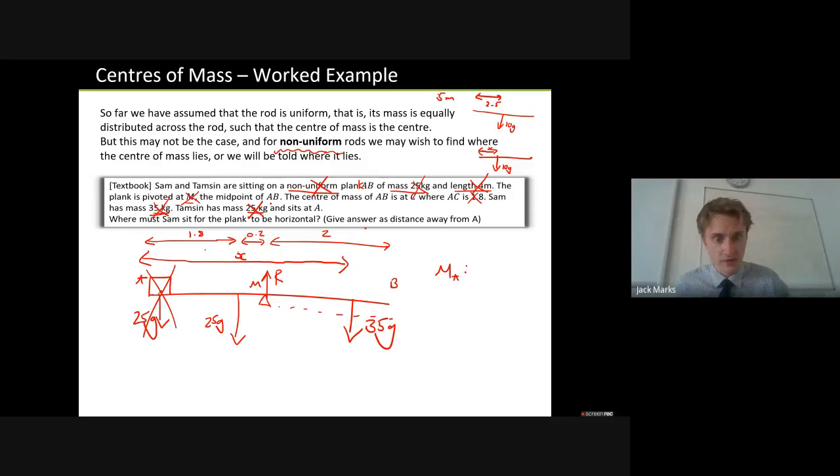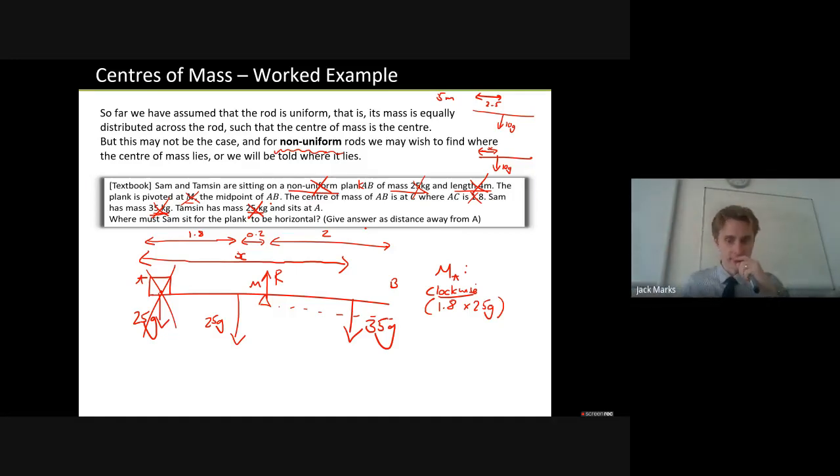What's the next force? The next force is the one that is 1.8 away. So 1.8 times 25g. What is that? That's clockwise from the point of A. What's next?